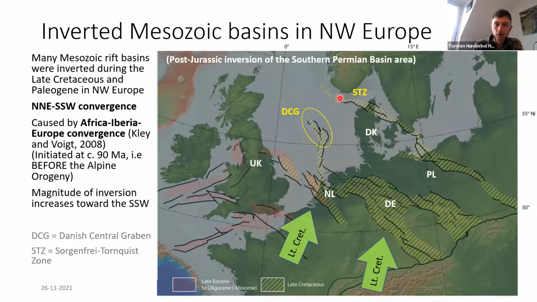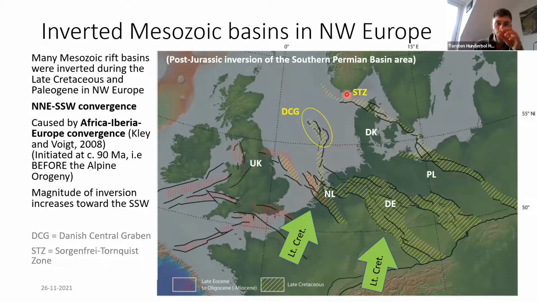Interestingly enough, if you start out in the northeast, for instance, up here in the Egersund Basin, offshore Norway, you'll see only a tiny bit of shortening recorded in these basins, and a tiny bit of uplift along the master fault.